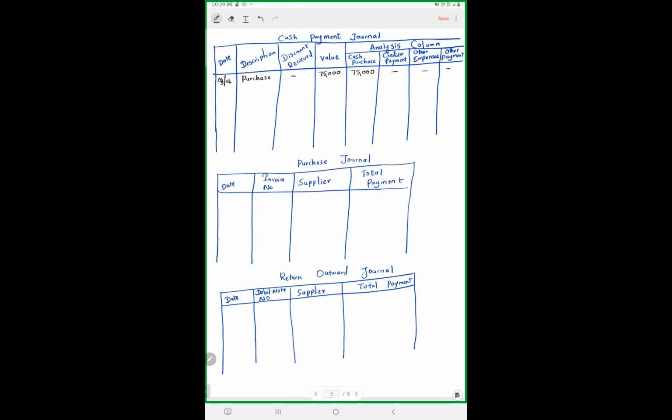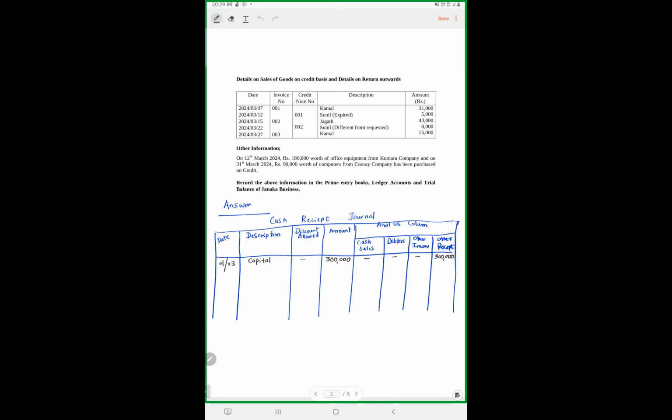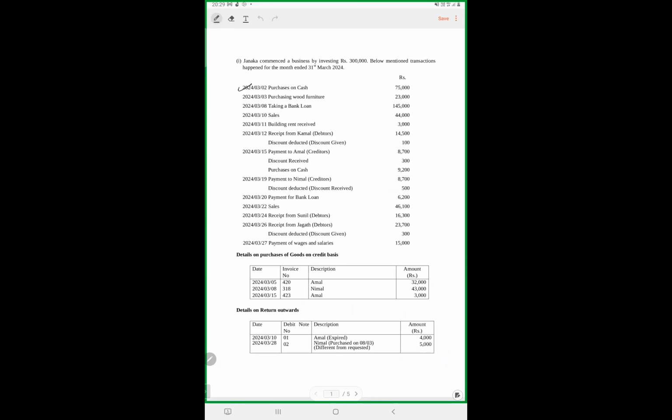The next one, purchasing wood furniture.